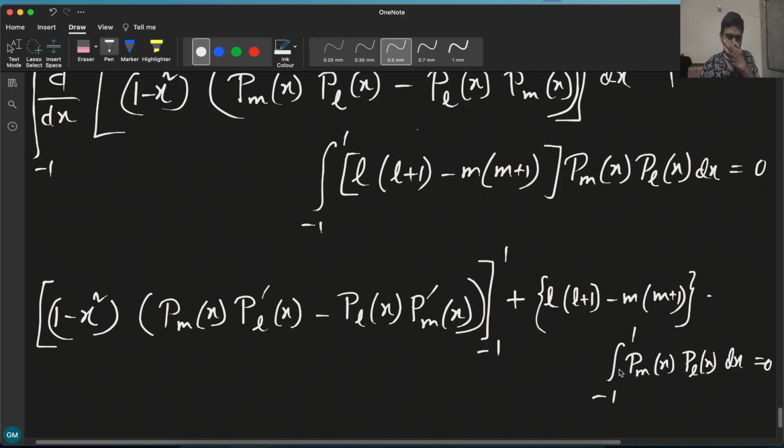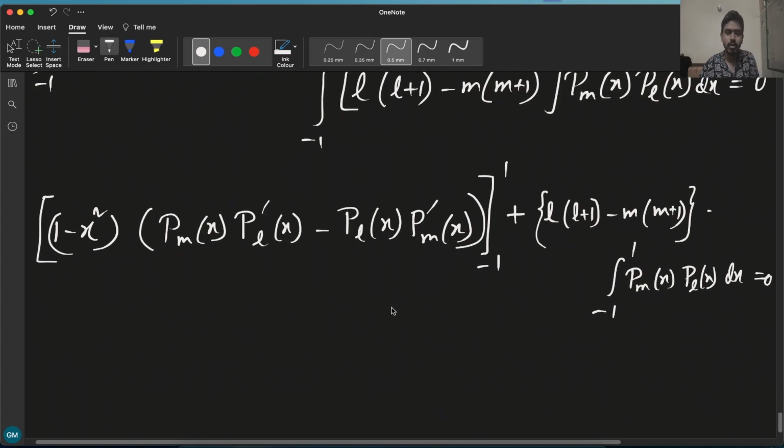Okay. And now notice one thing. If I put the upper limit, it will be 1 minus 1, right? Then it will be 0 multiplied with this whole term, as long as Pm(x) and Pl(x), or these terms P'l(x), P'm(x), are not diverging at x equals 1.